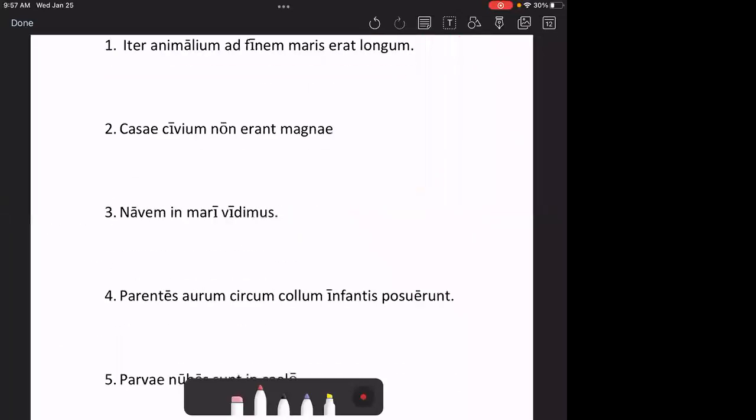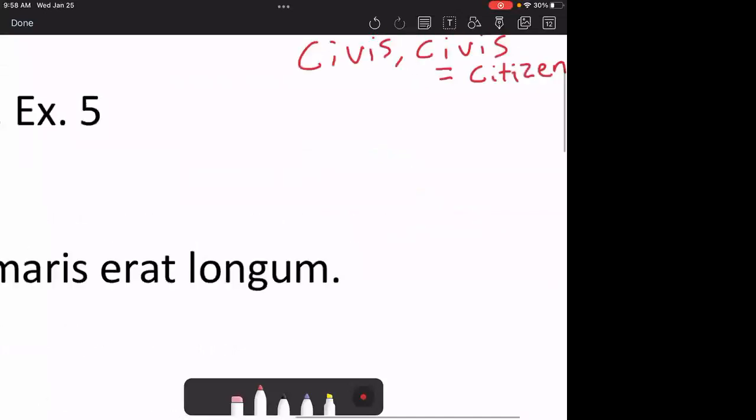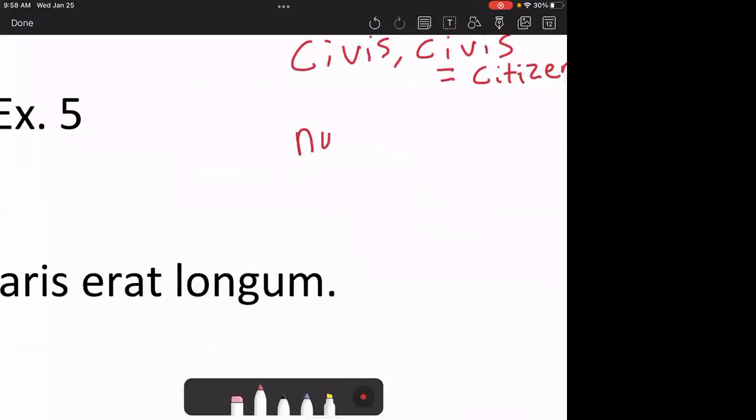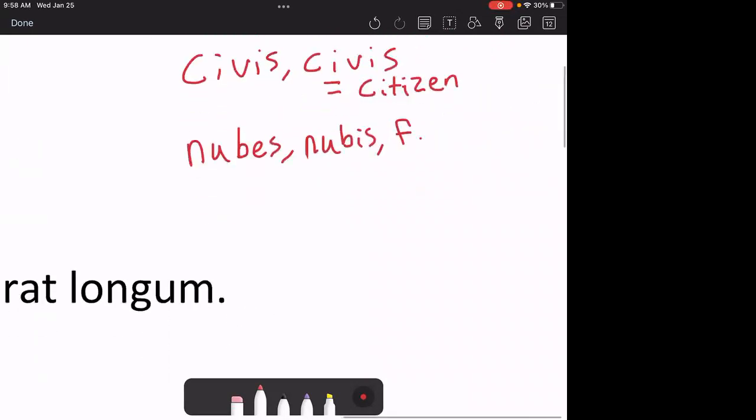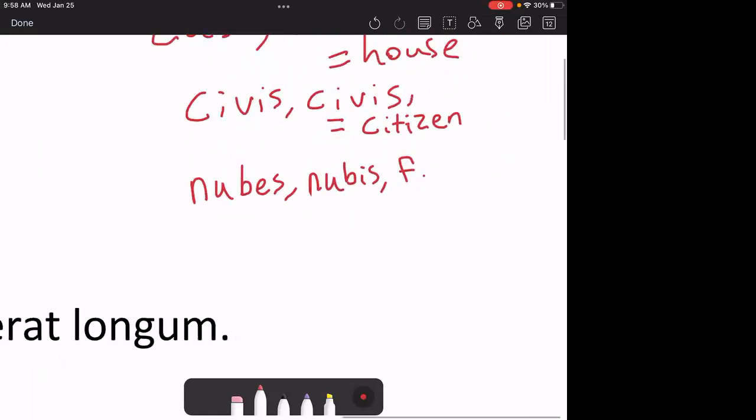And then the last one is nubes, nubes. That is feminine. Okay. Oh, and civis is masculine. So nubes, nubes means cloud.